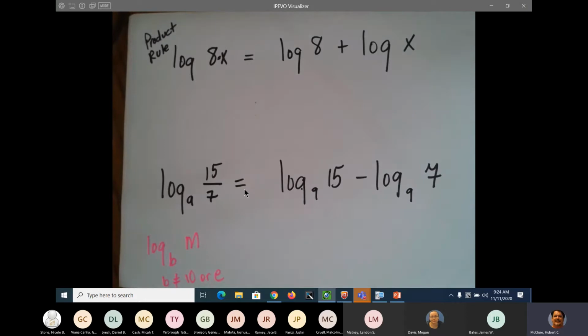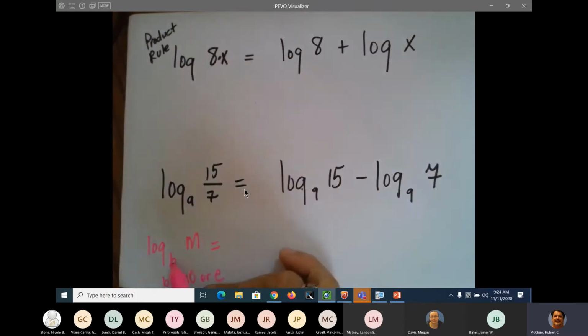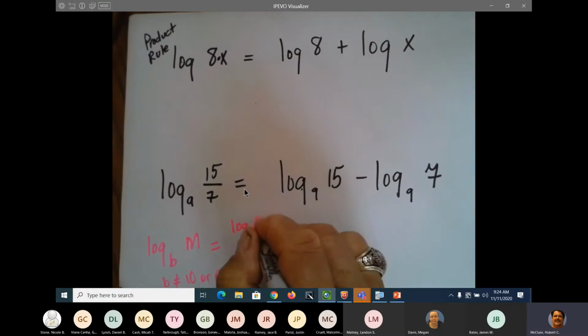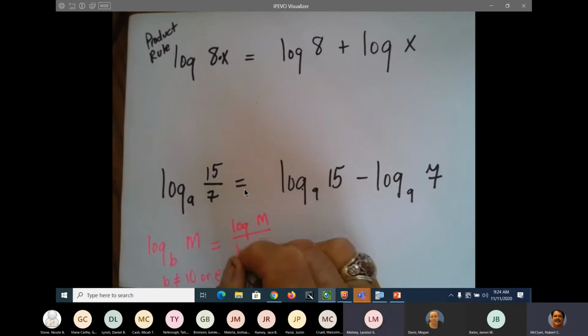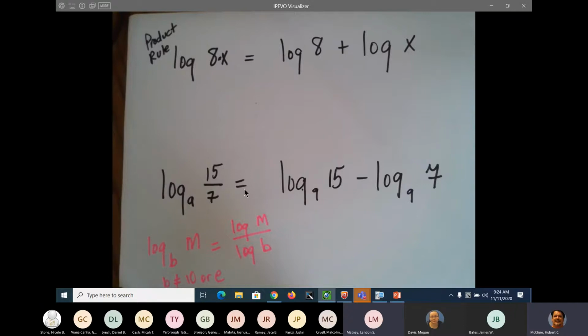Okay, so if you don't have log base 10, which is log, or if you don't have the natural log, then you have to use the change of base formula. And it says that if you have a base that's not 10 or e, then you will change it to the log base 10 or e of M over the log of B. And that will be the change of base formula.